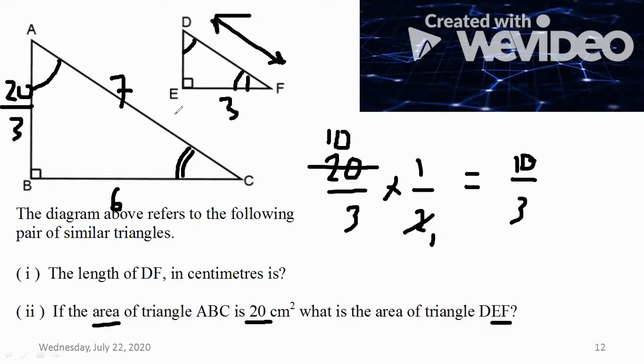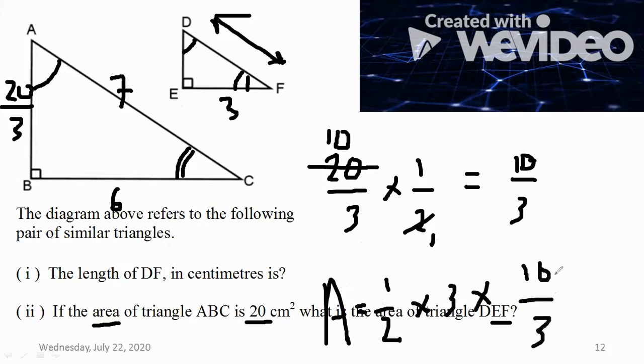Now that we have the height, we can find the area of triangle DEF. So the area is a half multiplied by the base, which is 3, multiplied by the perpendicular height, which is 10 over 3.